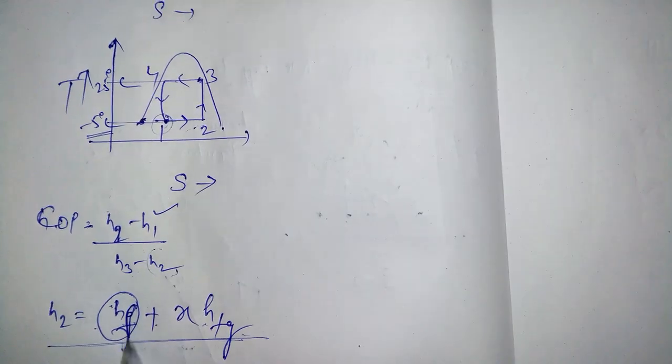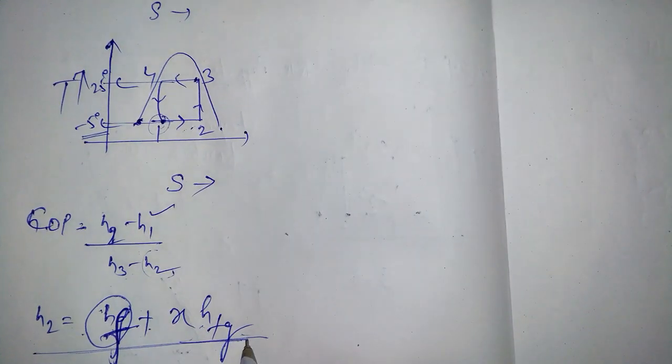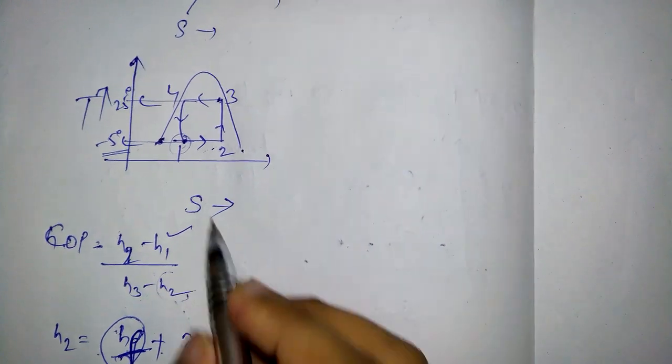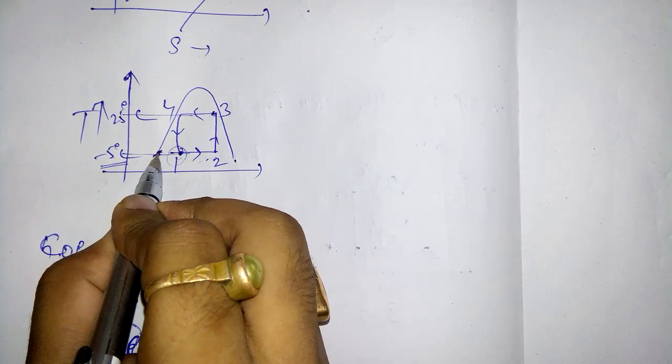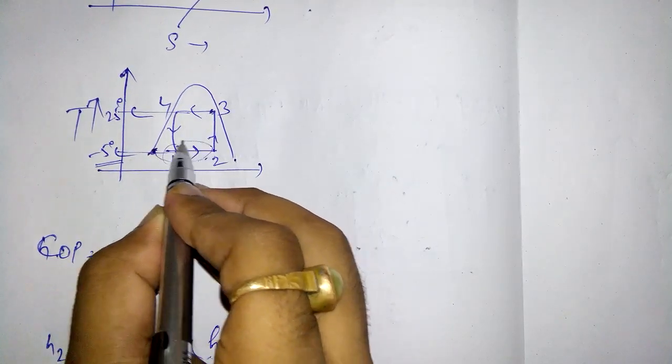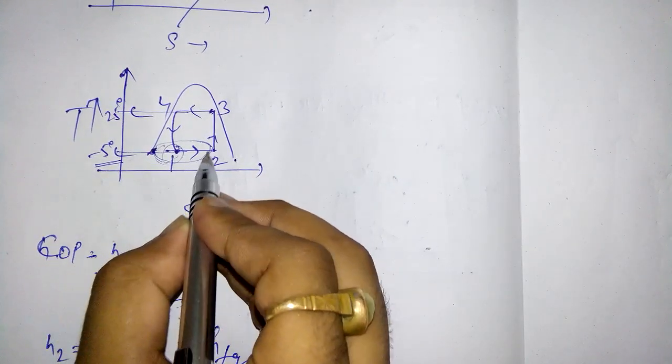H2 is HF plus X HFG. Why HF? Because H2 is what? Try to understand: enthalpy at this point plus the change in enthalpy in this zone.